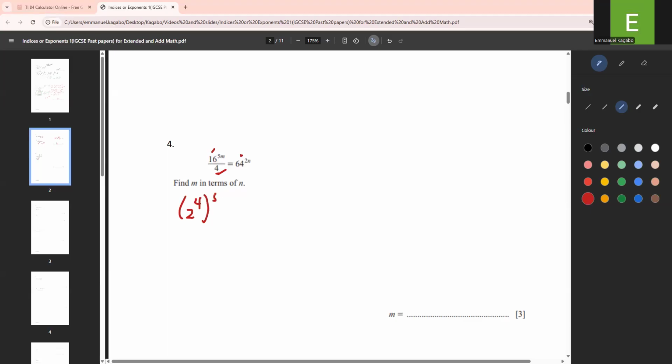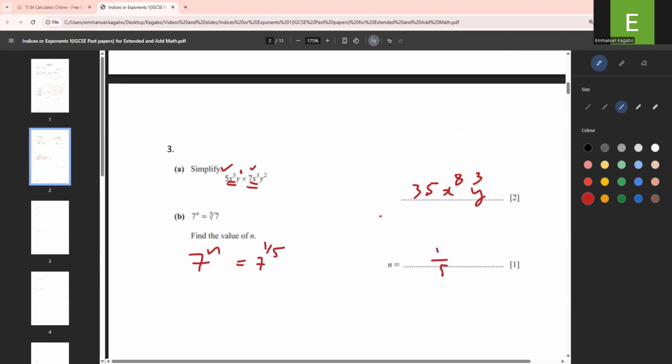Power 5m equals 64, which is 2 power 6, close the brackets here, power 2n, then times 4, which is 2 power 2.